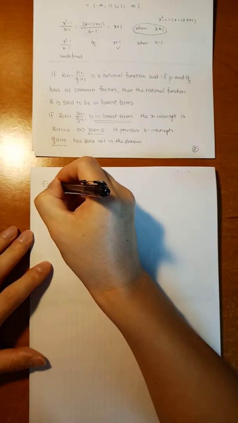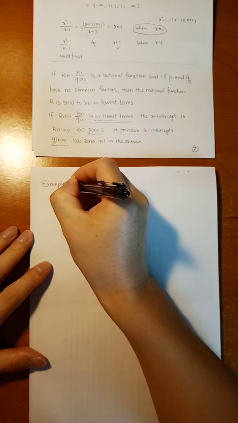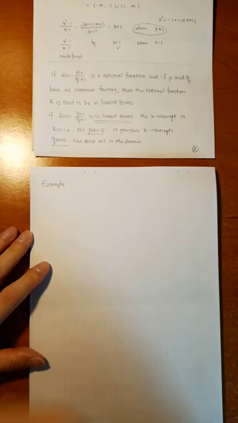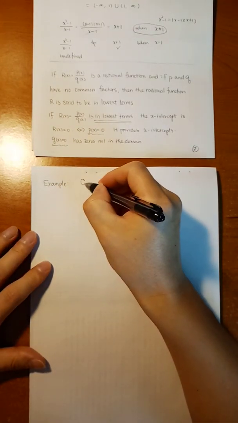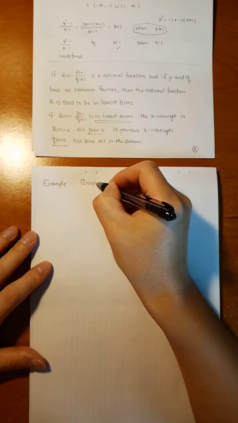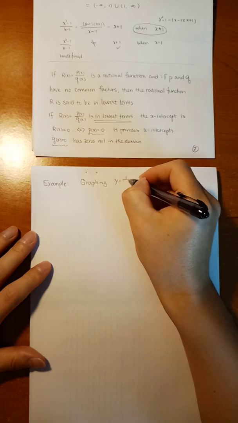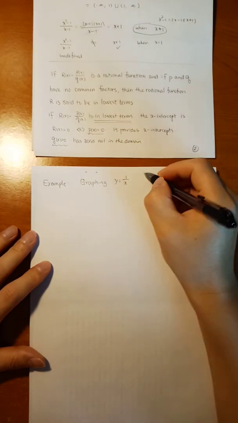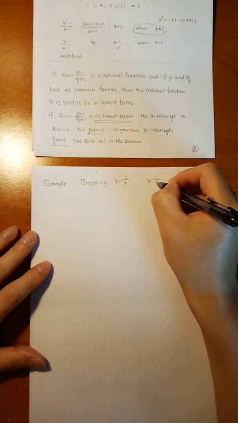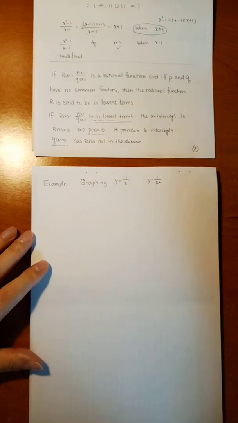Example. Graphing y equal to 1 over x, y equal to 1 over x squared.